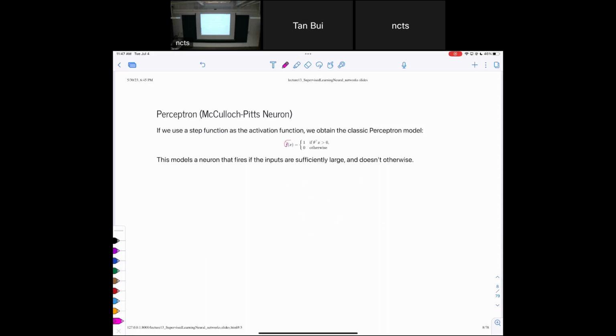So this is the famous McCulloch-Pitts neuron. I'm sorry. McCulloch is a professor from, I forgot, I think it's the University of Michigan. Pitts himself is very interesting.